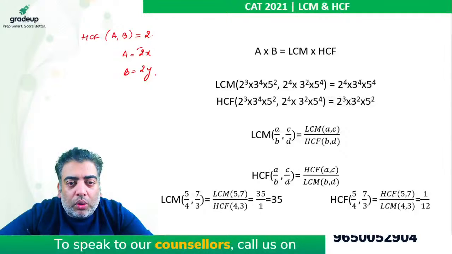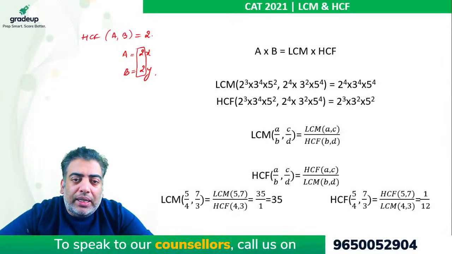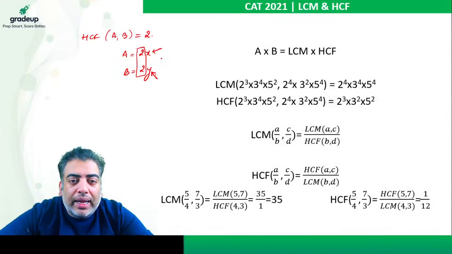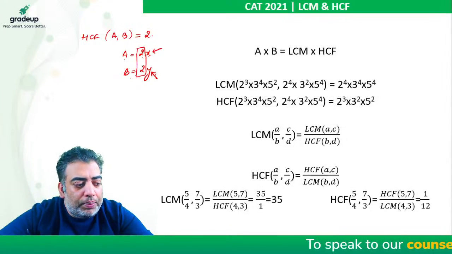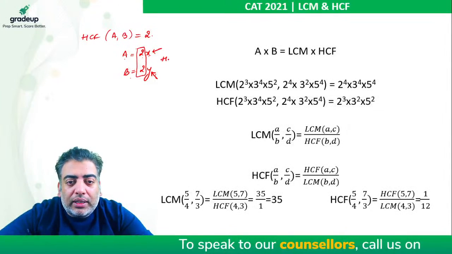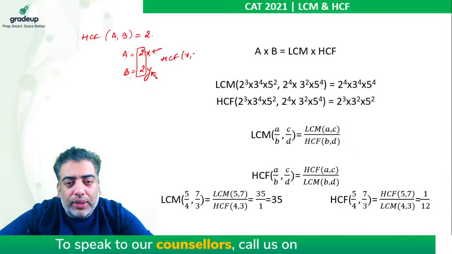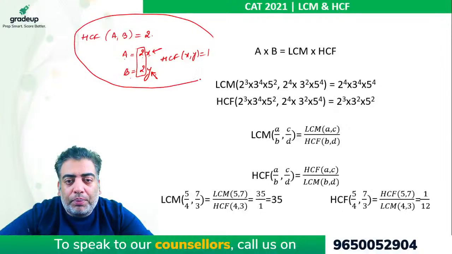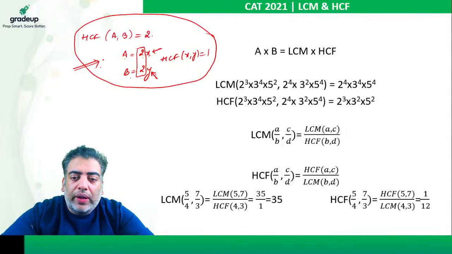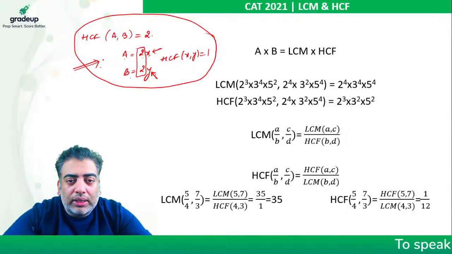And the only common factor between A and B is 2, which means there is no common factor between X and Y. Hence, we can say if I write A equal to 2X, B equal to 2Y, then HCF of X and Y is 1. This is a very, very important property of HCF, and everyone should understand this. If anyone among you has a doubt in this, please let me know.